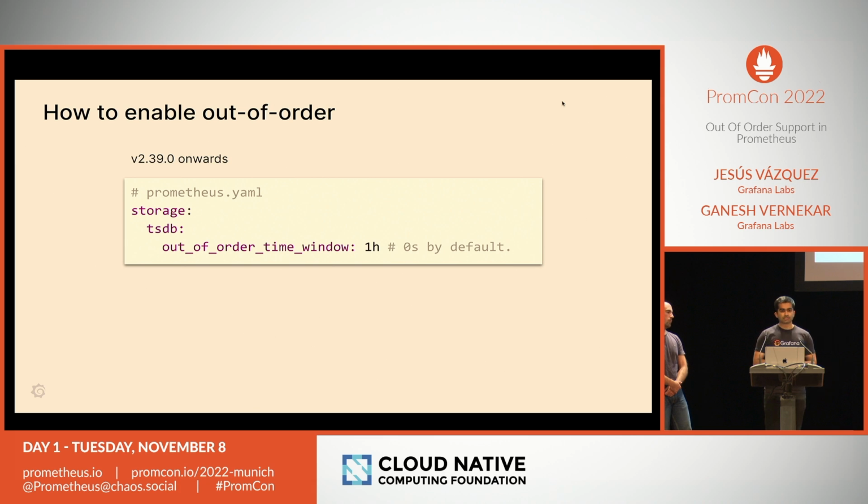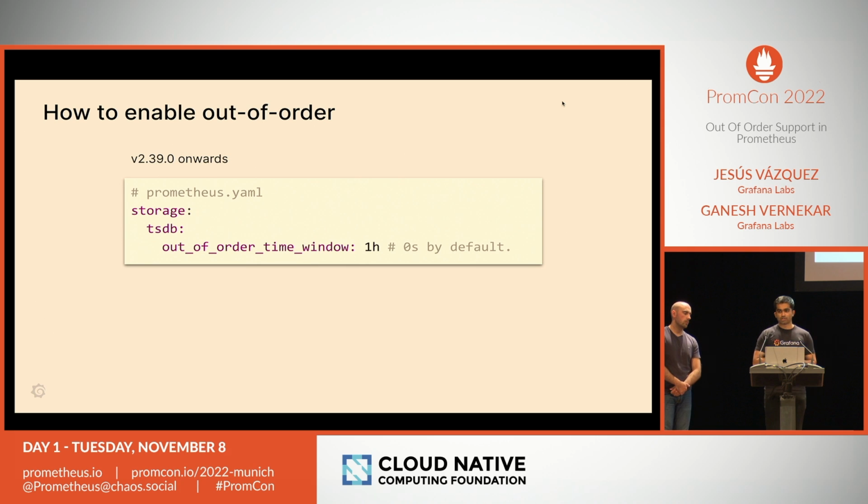And there was another thing, like if you wanted to ingest some sample in the future, let's say you ingested a sample which was 24 hours in the future. Because of this out-of-bound logic, it will only allow you to ingest samples from 23 hours in the future to 24 hours in the future because of how TSDB worked.